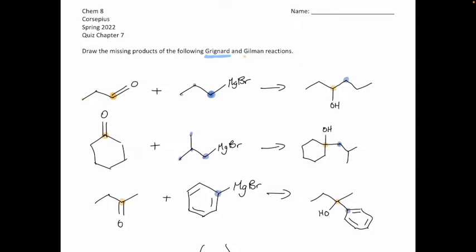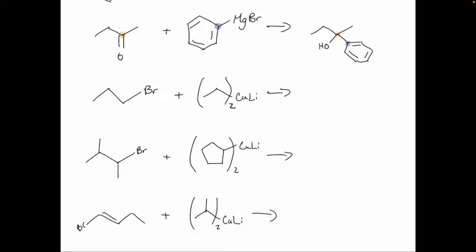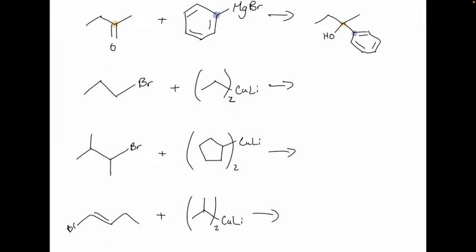All right, so we also learned about another type of reaction that uses ethers as solvents that create carbon-carbon bonds, and these are called Gilman reactions. The Gilman reagents are those copper lithiums.